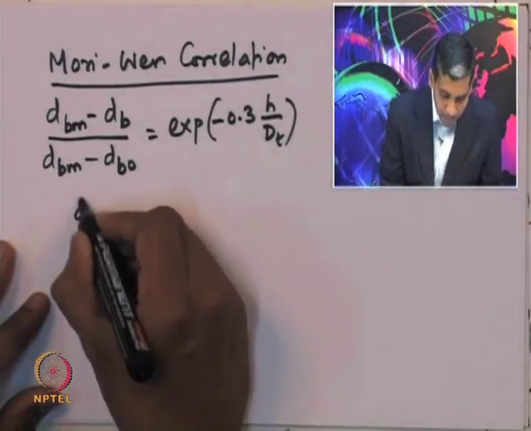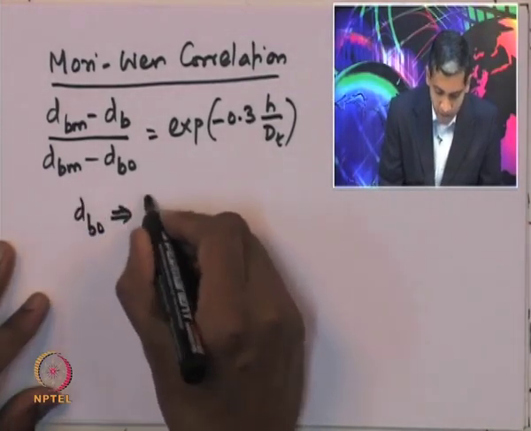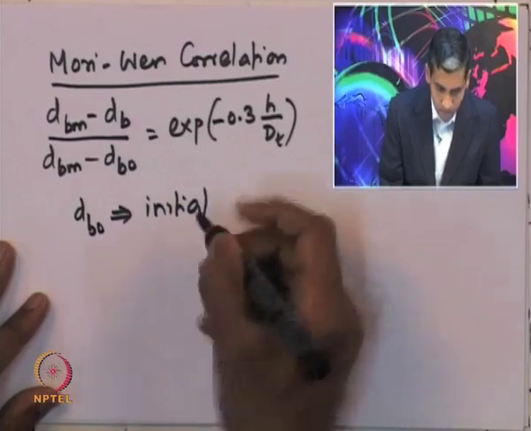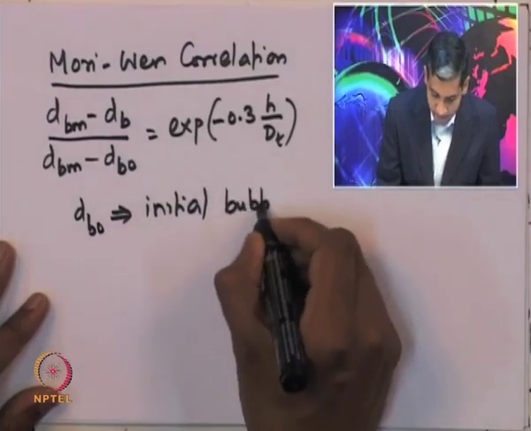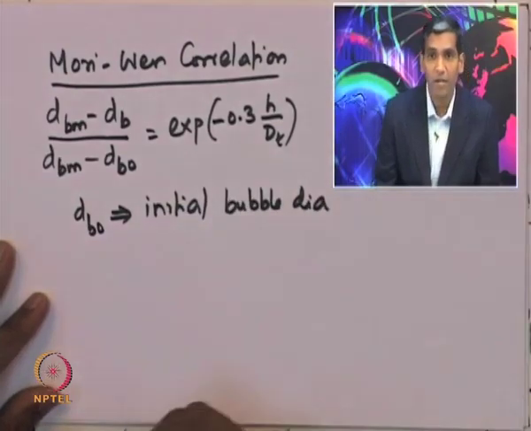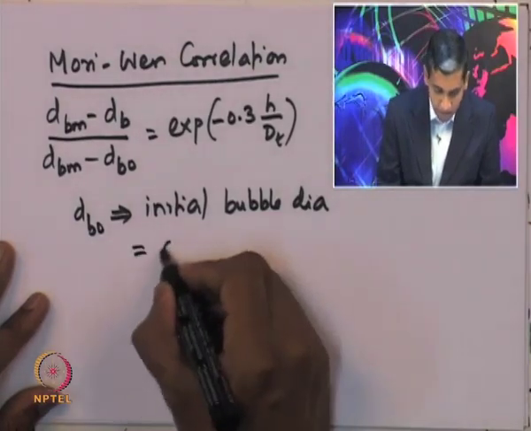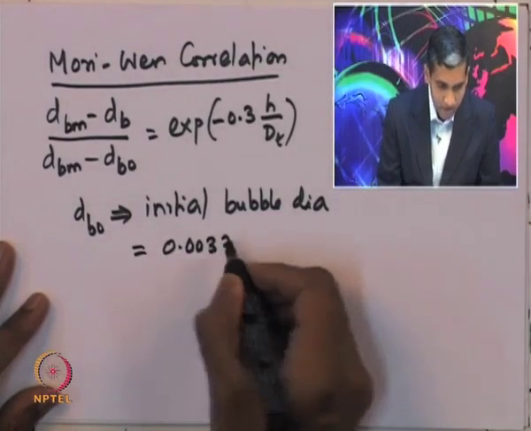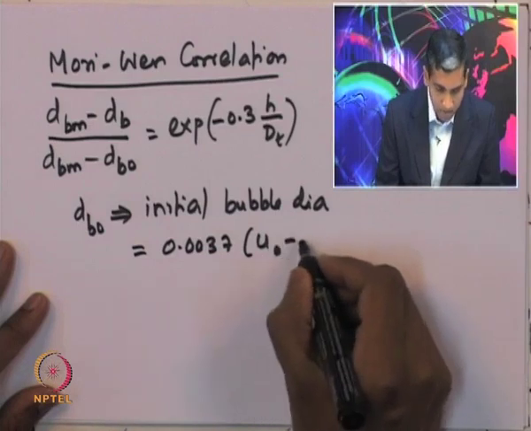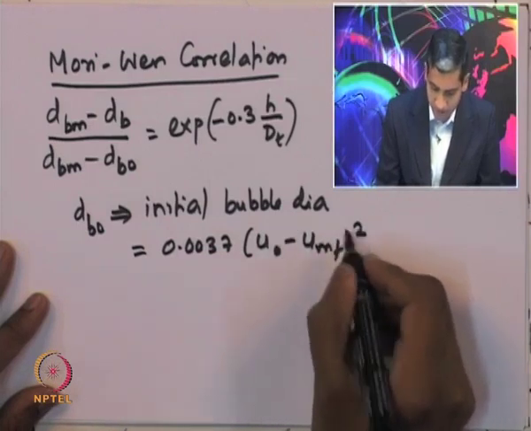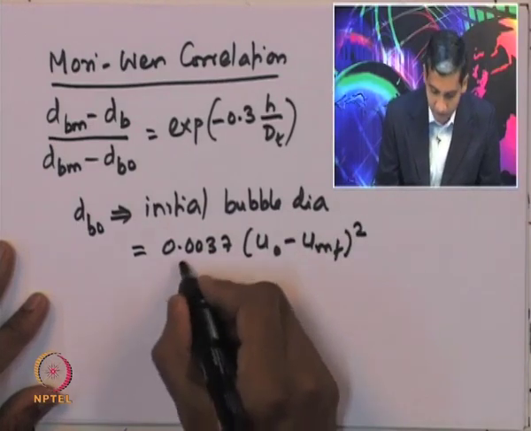And now dB0, which is the initial bubble diameter, is given by 0.0037 (u0 − UMF)² if it is a porous plate.